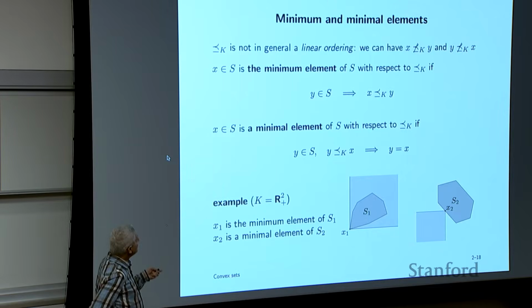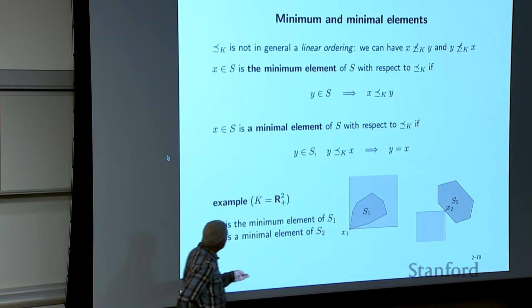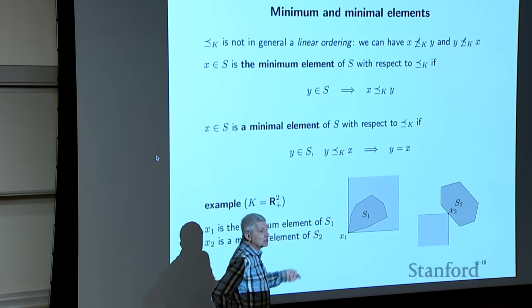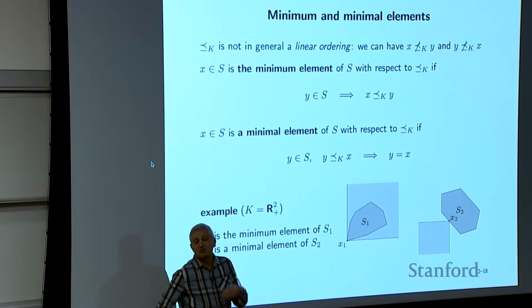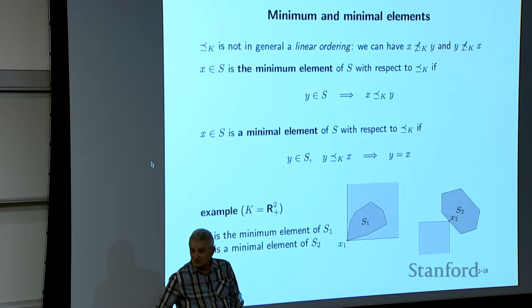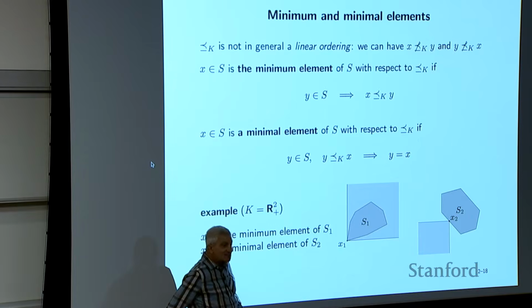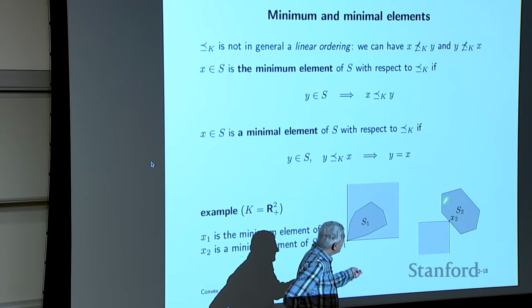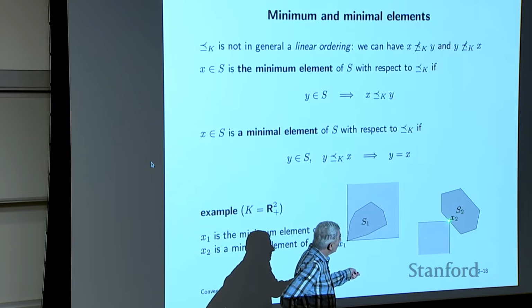Okay? Then there's the idea of a minimal element. Here's an example. X2 is minimal for this set S2, and you'd say with respect to the non-negative orthant, right? And what that means, very roughly speaking, is that there's no point in this set which is less than or equal to X2 except itself, right?